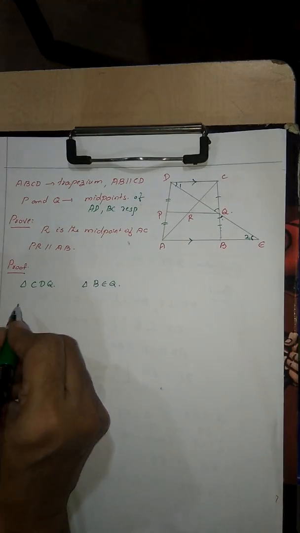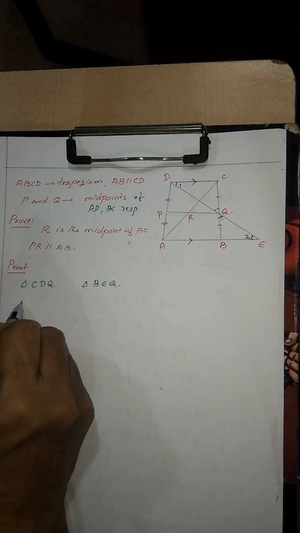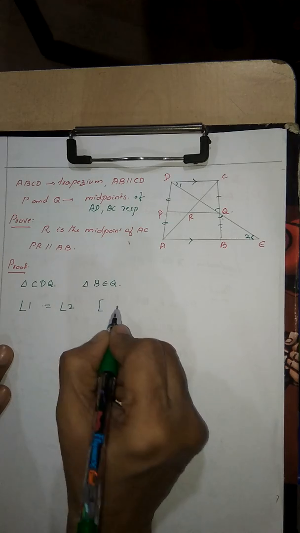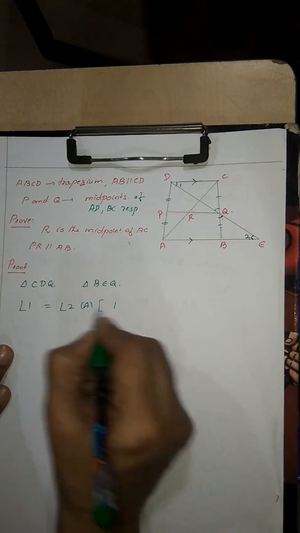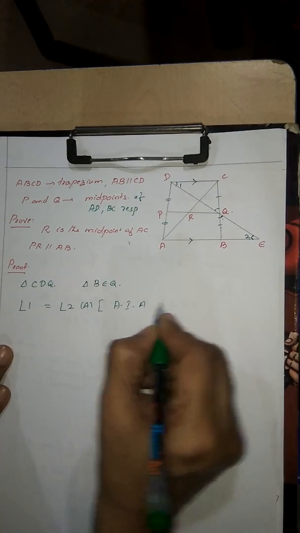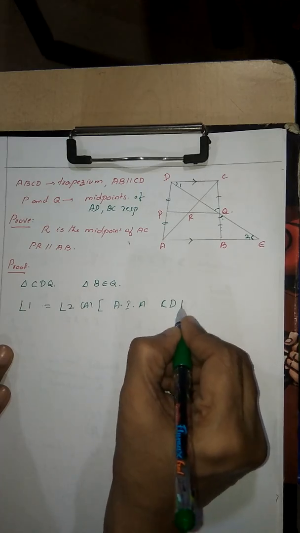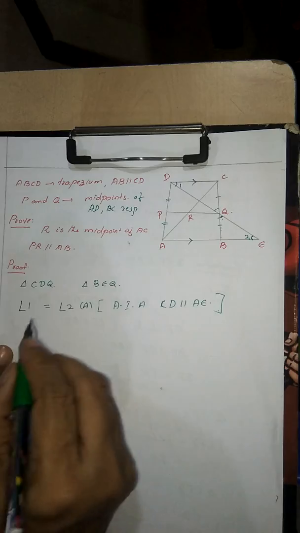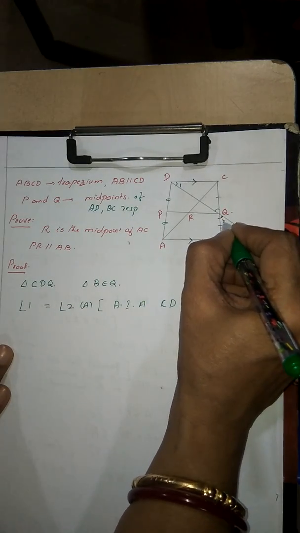So we'll start with angle 1 is equal to angle 2, alternate interior angles, CD is parallel to AE. Then we have angle 3 and angle 4.